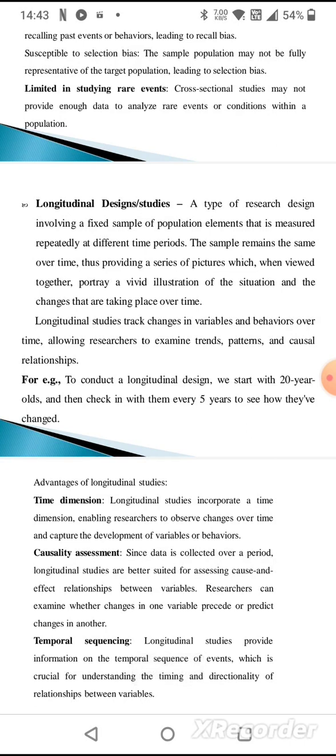Coming to longitudinal designs or longitudinal studies. It is a type of research design involving a fixed sample of population elements that is measured repeatedly at different time periods.